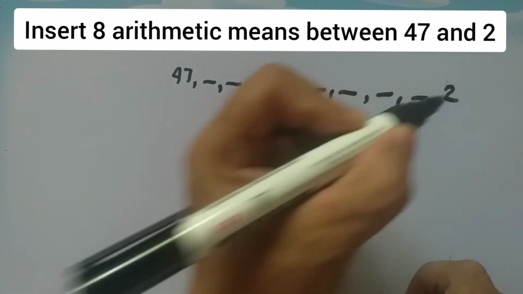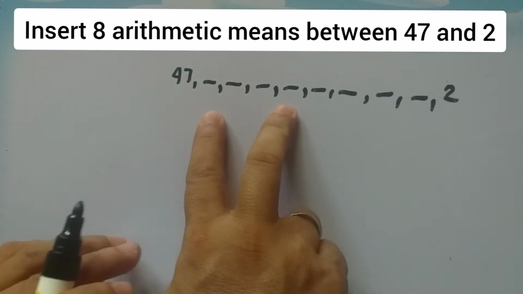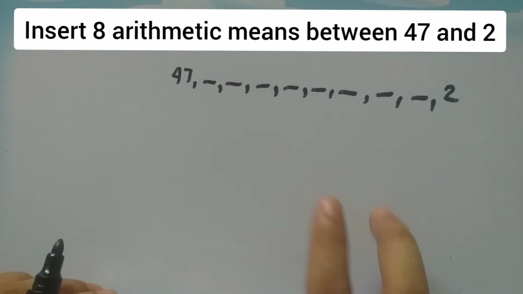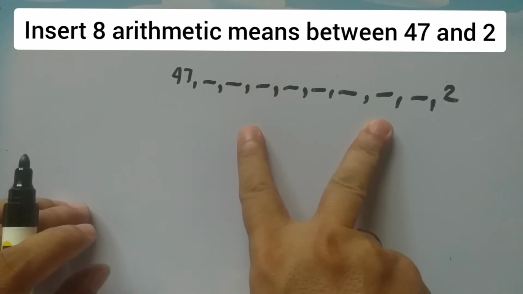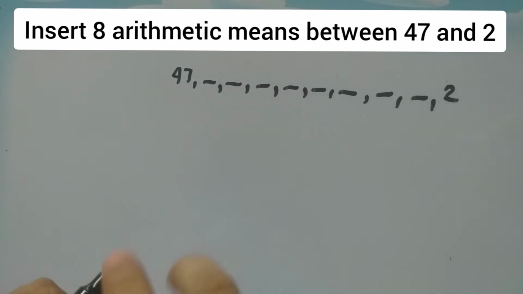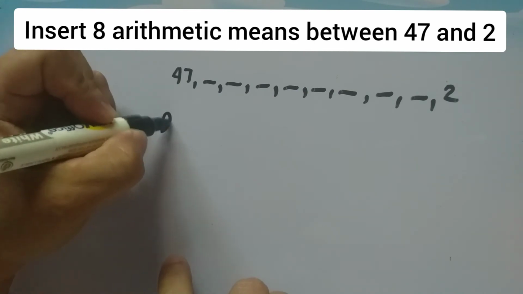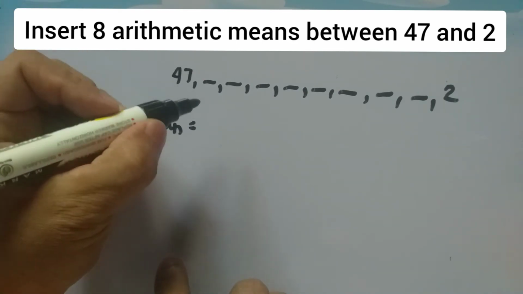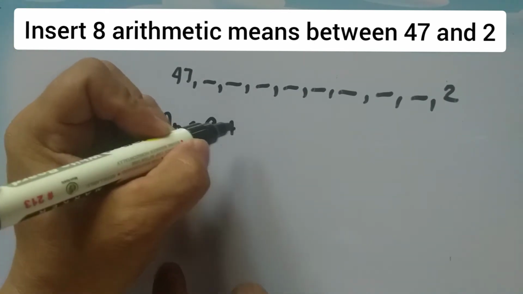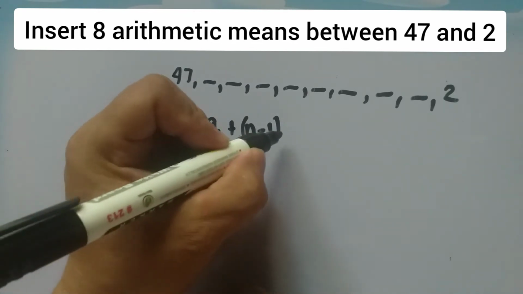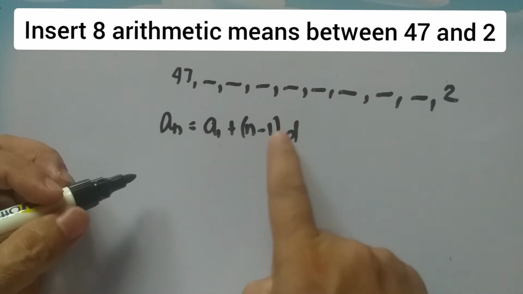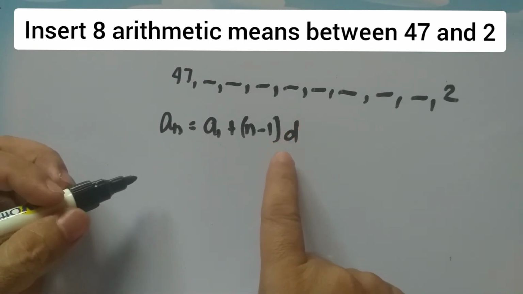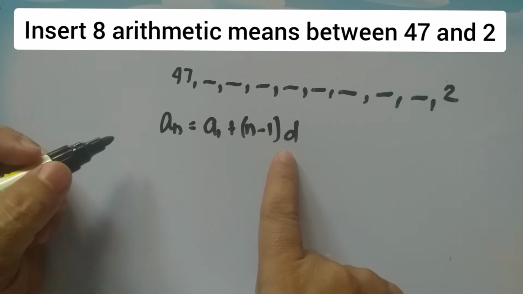Then we have 2. So to get these arithmetic means, we're going to use the formula for the nth term of an arithmetic sequence. So we have a sub n is equal to a sub 1 plus n minus 1 times d. So again, we have to look for the value of d, or the common difference.